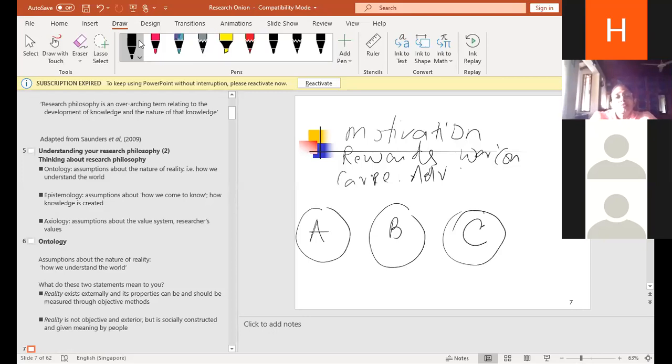So we here believe that the factors that affect motivation are common to any company, irrespective of whether the company is in a banking industry or education or whatever it is. We assume that they are the same and they are the ones that are applicable as factors that affect motivation.